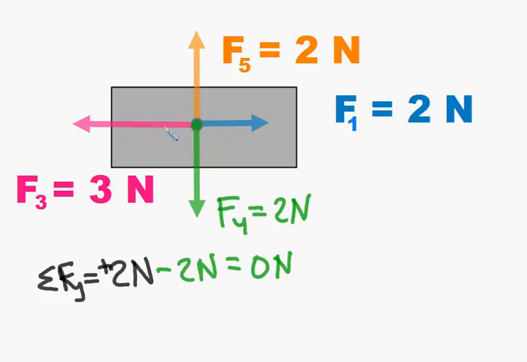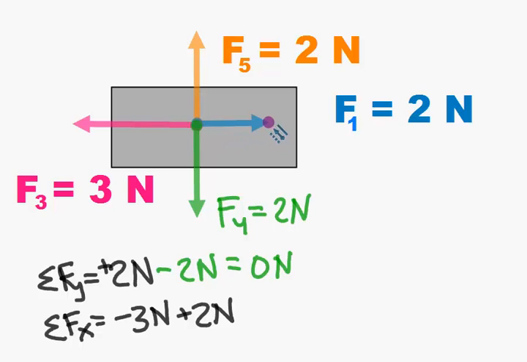Let's look horizontally. Net force in the x direction is going to equal -3 newtons plus 2 newtons. And that's going to be -1 newton. So we're not in equilibrium. It's not 0 yet. So we're going to have to add another force here.